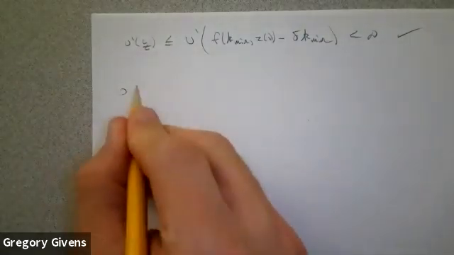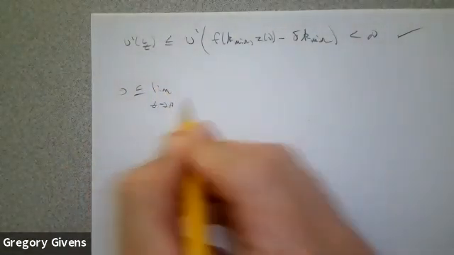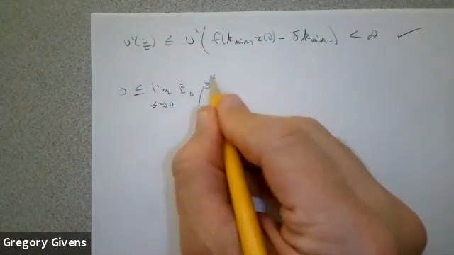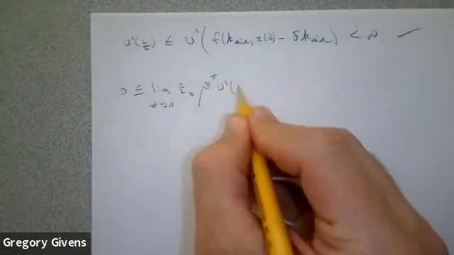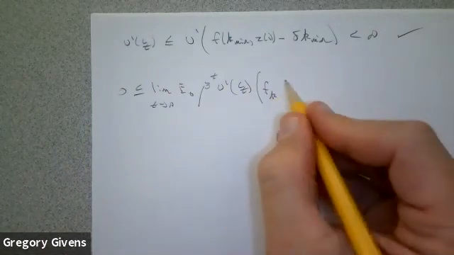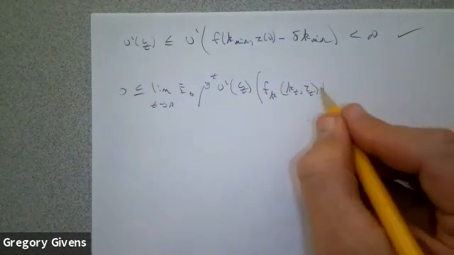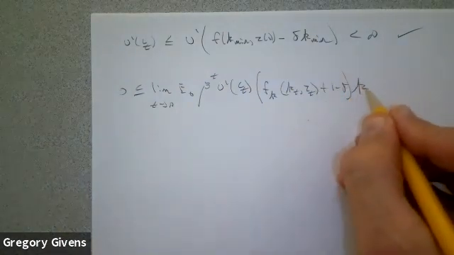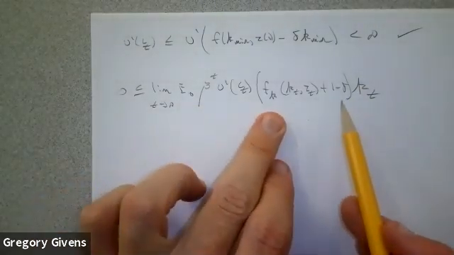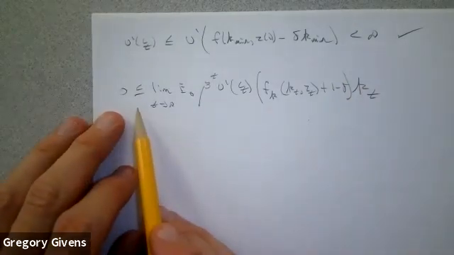Therefore, 0 has to be less than the limit as t goes to infinity of the expected value of beta to the t, u prime of c_t, times f sub k of k_t, z_t plus 1 minus delta, times k_t. U prime is positive, the marginal product of capital is positive, k is always positive, so this expression we know is bigger than or equal to 0.